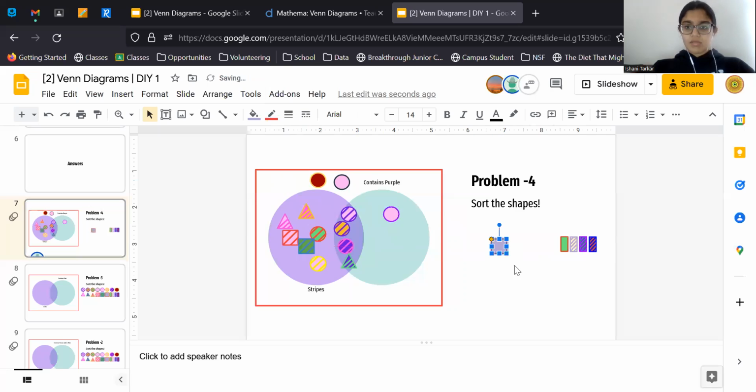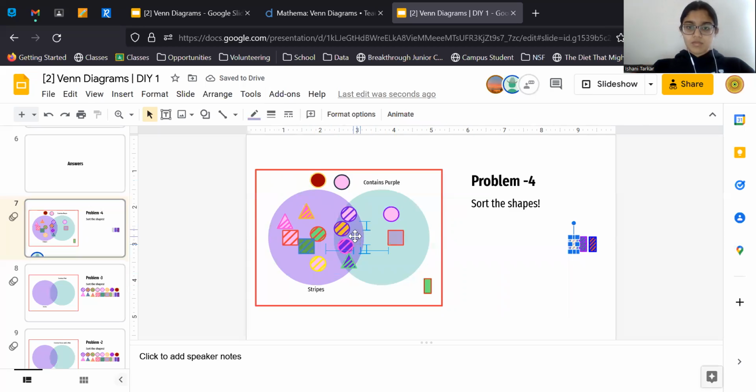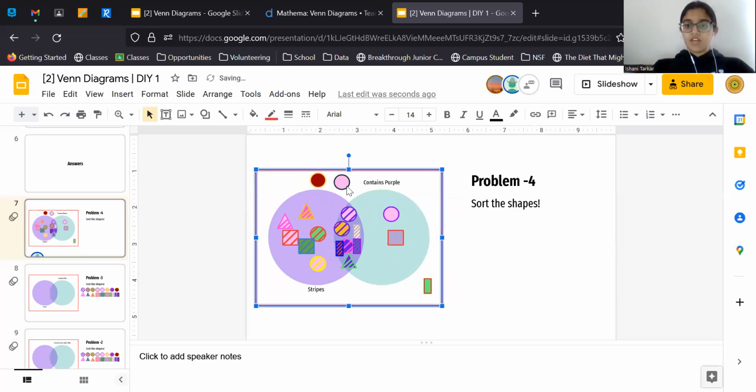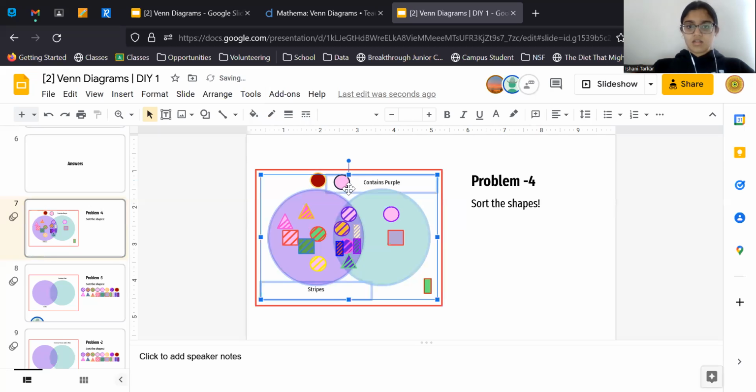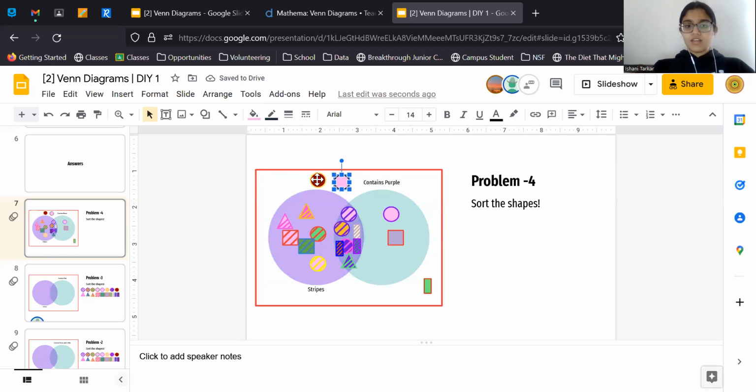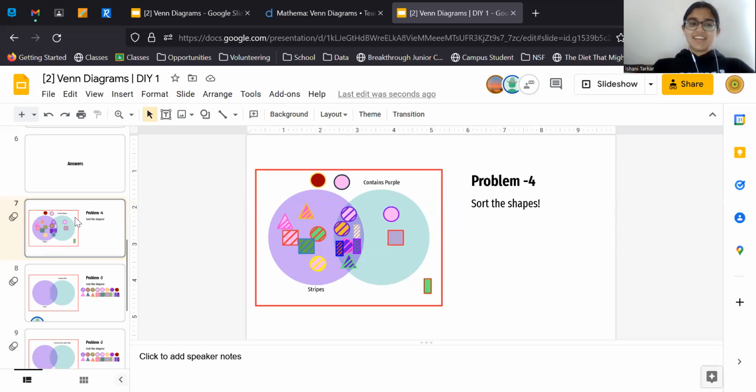This has no stripes and contains purple. Then stripes and purple, again stripes and purple, and then stripes and purple. This one, like the one at the very top, that's pink. Technically this is a bit subjective, but yeah.